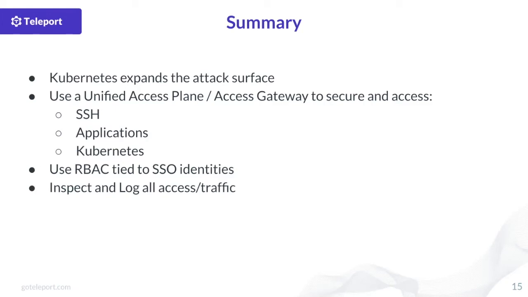Access to all your different environments, dev, prod, etc., should all be controlled through the same gateway for access and for authentication. Role-based access tied to your SSO identities should also be used, and be sure to also regularly inspect and audit all access.